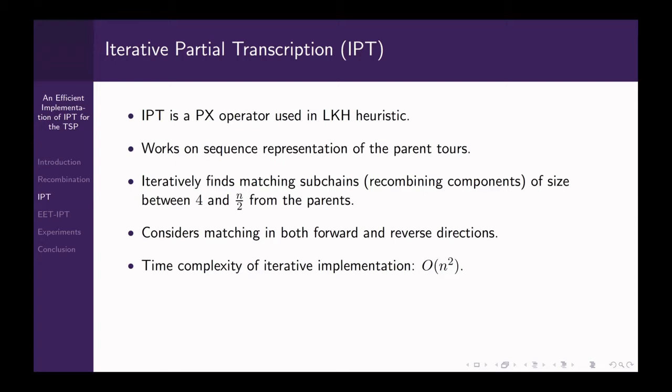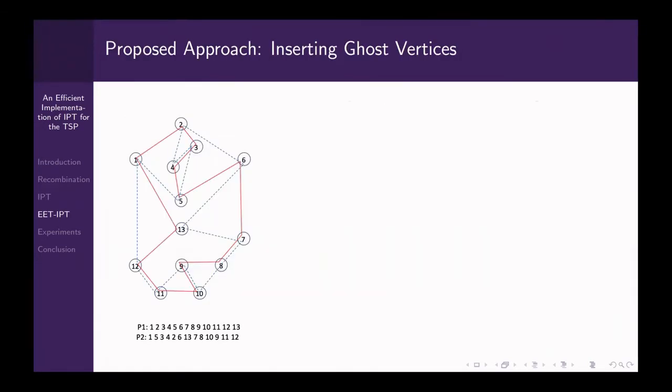In this particular work, we have proposed an improvement in the implementation of the IPT. Our goal is to find the same recombining components that are found by the IPT, but in linear time. In the proposed approach, first we remove all the common edges from the two parent tours, and then we look for the vertices which have degree 4.